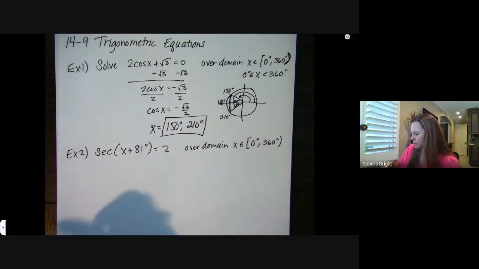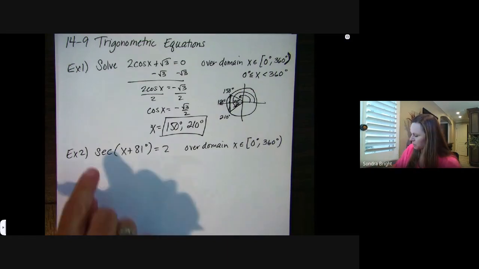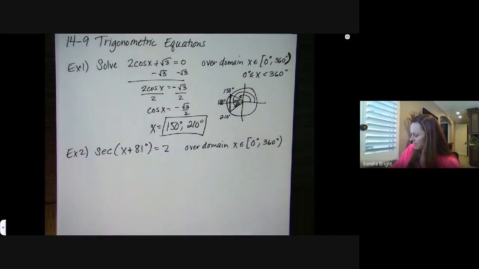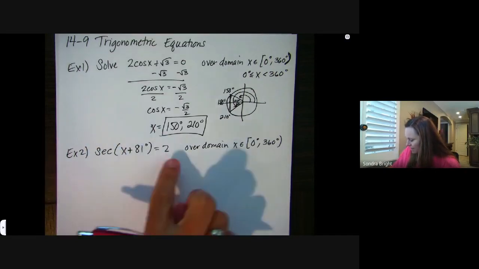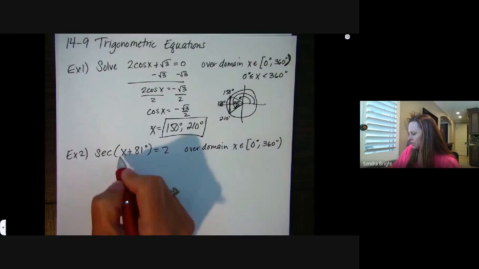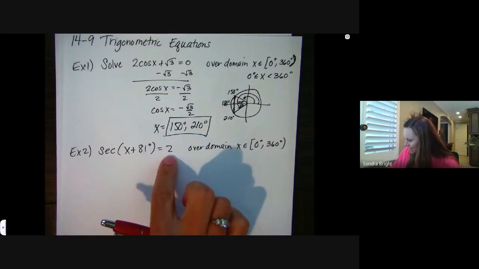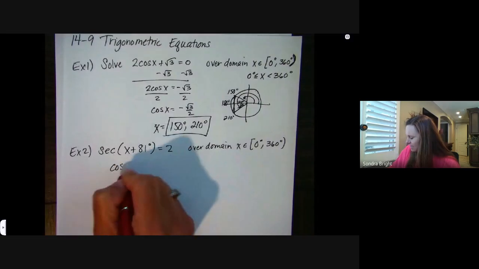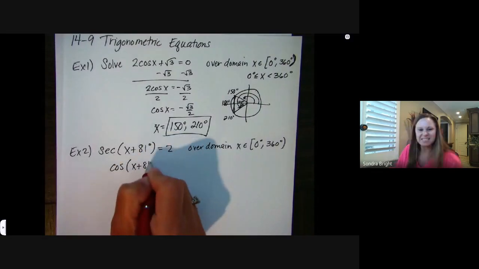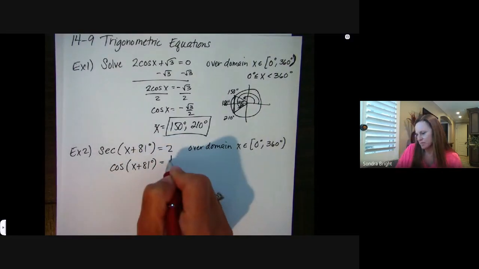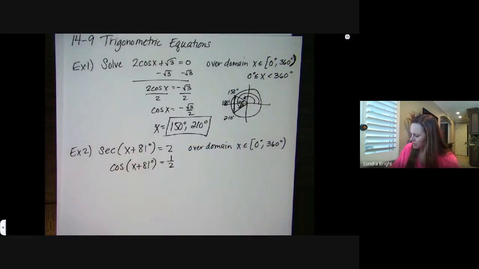I have my cosine values memorized. So that's what I'm going to do. I'm going to rewrite this. If secant of an angle is 2, then cosine of that same angle is equal to the reciprocal, since secant and cosine are reciprocals. So I wrote it in terms of cosine because that's what I have memorized.